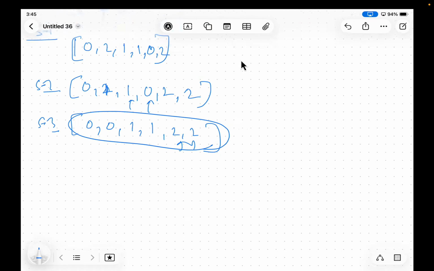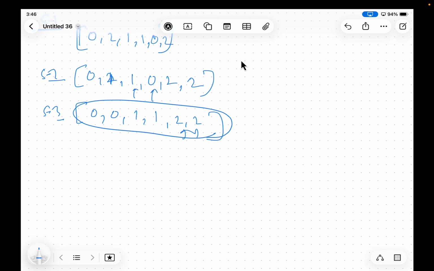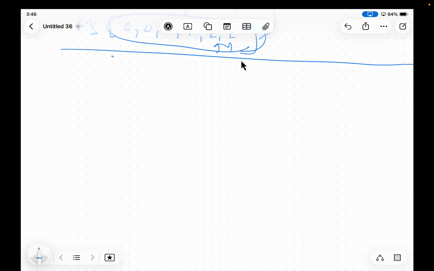Now we will do a step-by-step process so that we can understand again. I have given just very short steps. So let me take some example. Initially, low is 0, mid equal to 0, and high equal to n minus 1, that is 5.